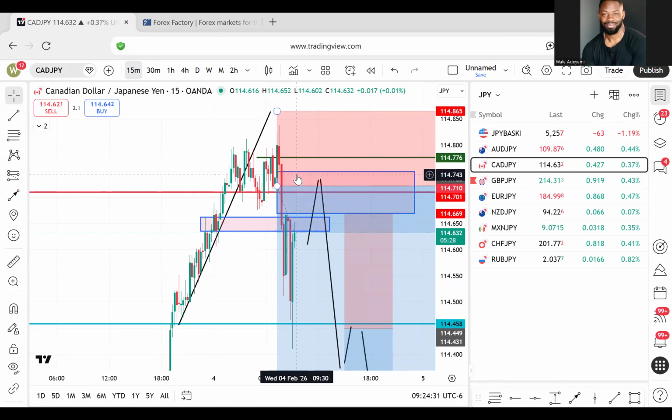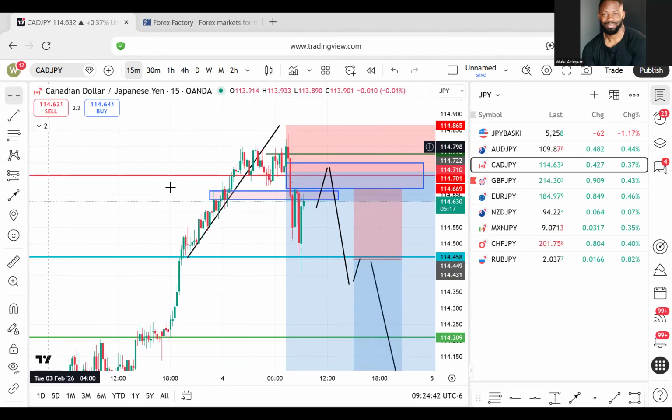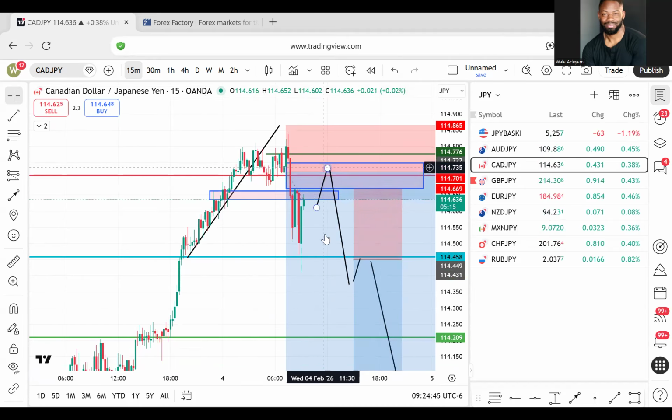So this buy back to here, sell from 114 under 114.8, is the best case scenario right now. Buys to here, sells there, best case scenario. Sell below, best case scenario.